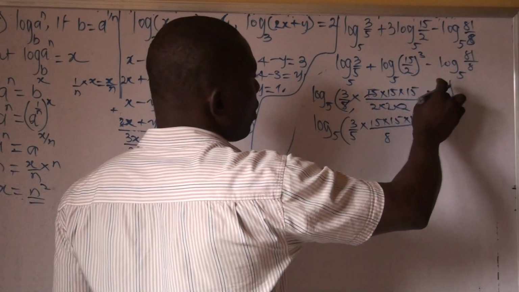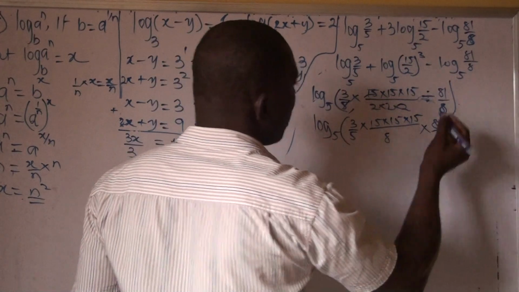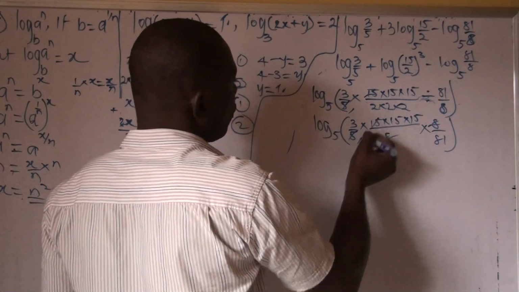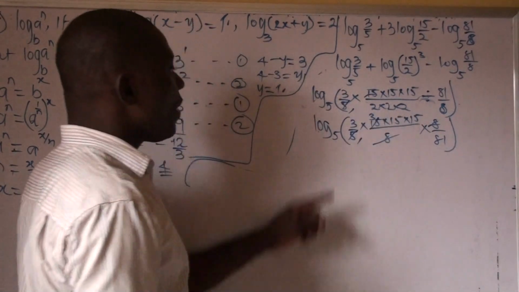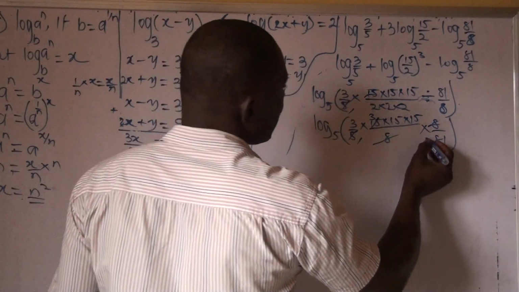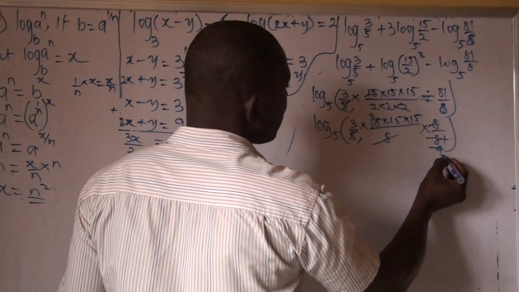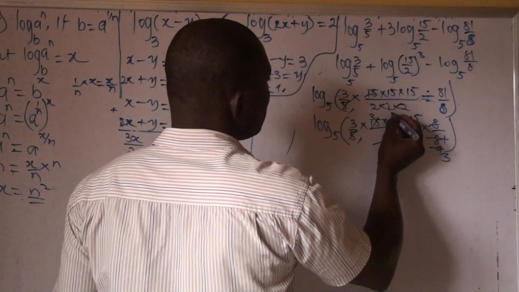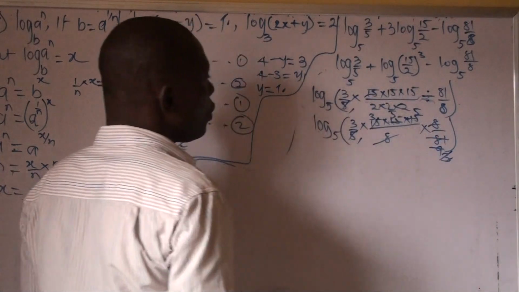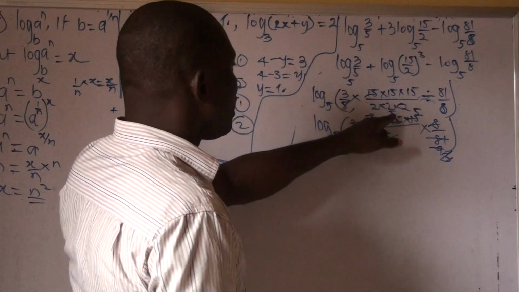Instead of 81 over 8, it becomes 8 over 81. So here, this can just go with this. 5 here 1, 5 here is 3, 5 in 5 is 1, 5 in 15 is 3, 3 times 3 is 9, 9 in 81 is 9. So 3 here is 3, 3 in 15 is 5, 3 here is 1, 3 in 15 is 5. So we can see clearly that everything is left with 5 times 5.